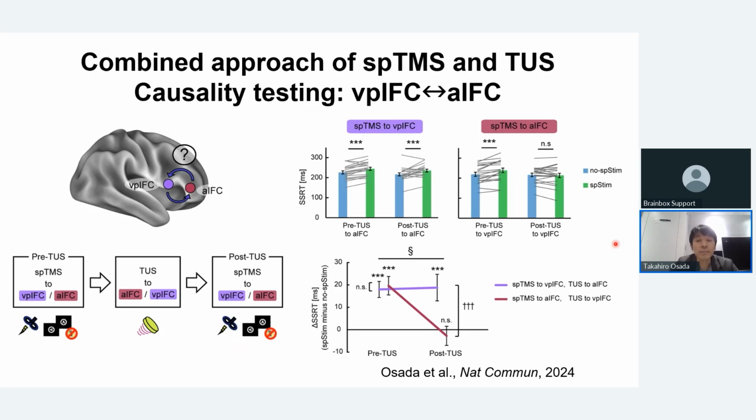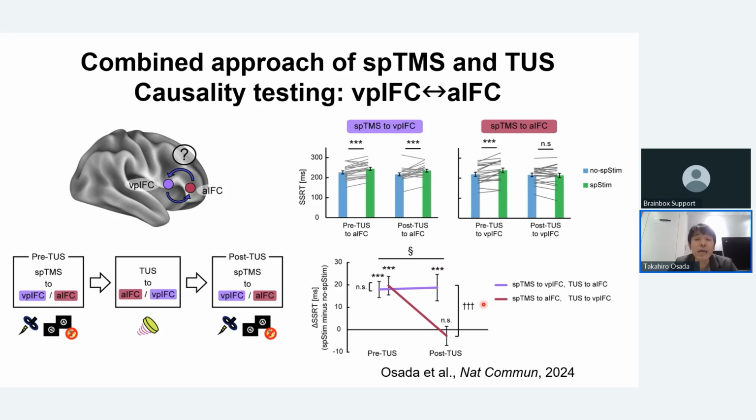Before TUS, single pulse TMS to the BPIFC and AFC resulted in a significant prolongation of SSRT. After TUS to the AFC, single pulse TMS to the BPIFC still caused a significant prolongation of SSRT.